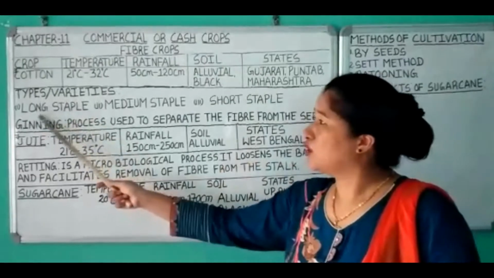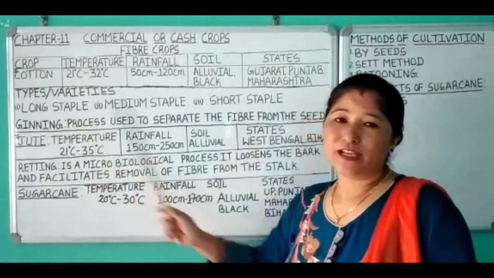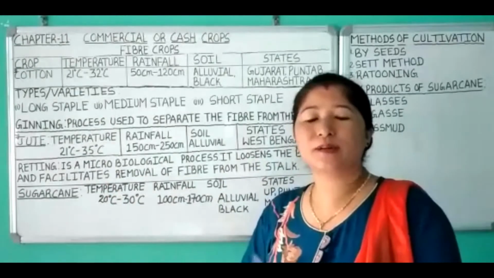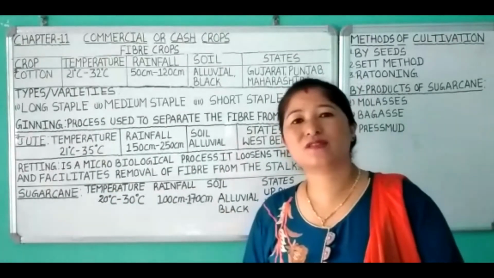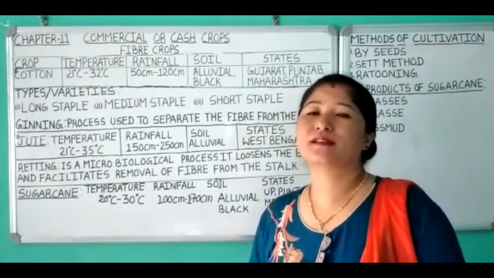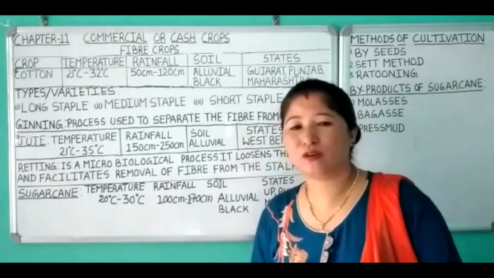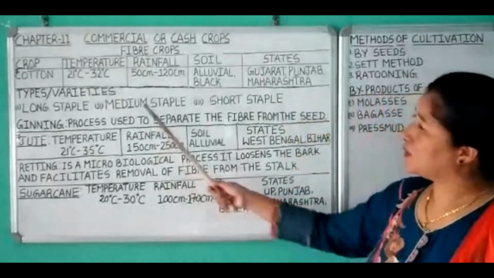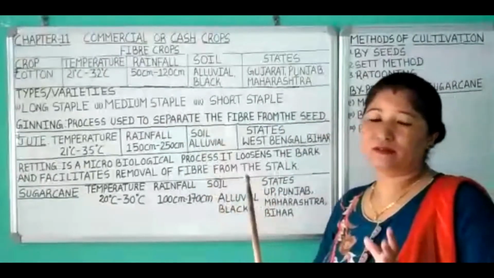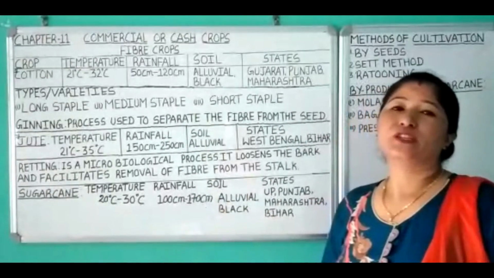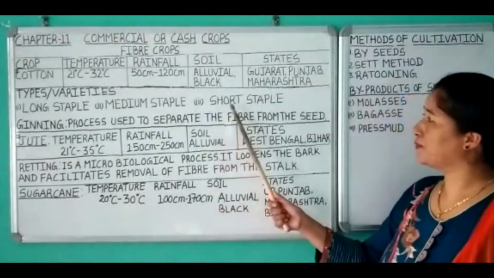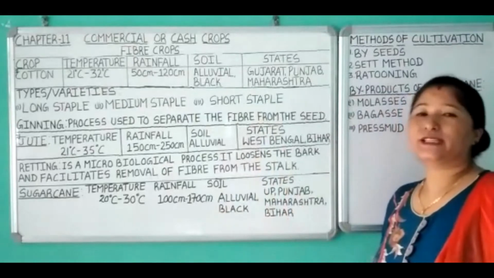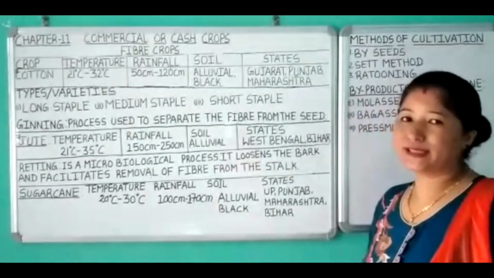So long staple, that means the length is above 2.8 centimeter and its thread is strong, therefore it is considered as a superior variety of cotton. Second was the medium. The length varies between 2.2 to 2.8 centimeters. And the third one is your short staple. It is less than 2.2 centimeters.